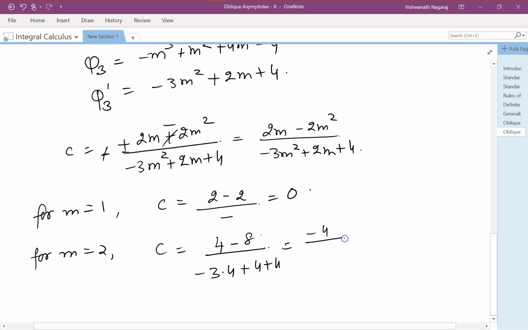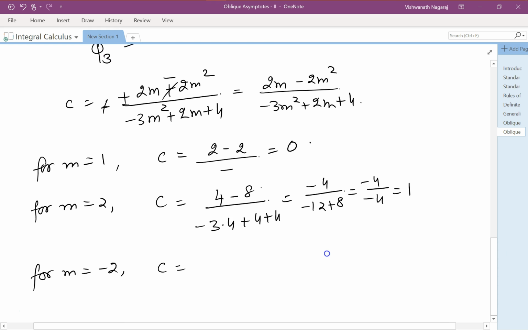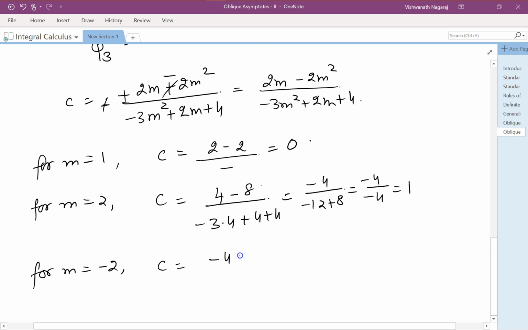So −4 by −12 + 8, which is −4 by −4, which is 1. Okay. For m equal to −2, c will be equal to 2m, that is −4, minus 8, because of m square, minus will disappear. Minus 3 times 4, minus 4 plus 4. So these two get cancelled. −12 by −12, which is 1.